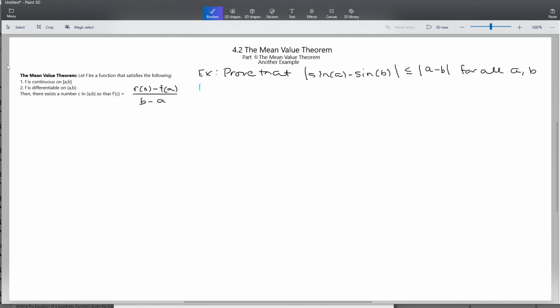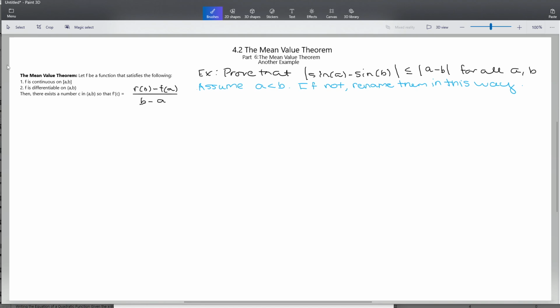We're going to assume that A is the smaller one because that's what we normally do, and if that's not the case, we're just going to rename them so that A is the smaller one. All right, so we want to go ahead and use the mean value theorem here.